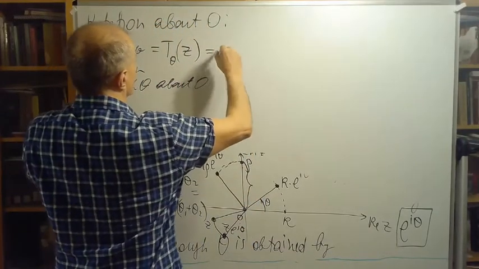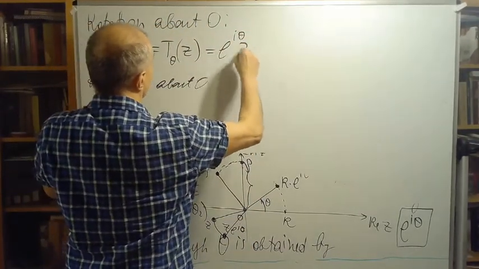T of Z will be e to the power i theta multiplied by Z.